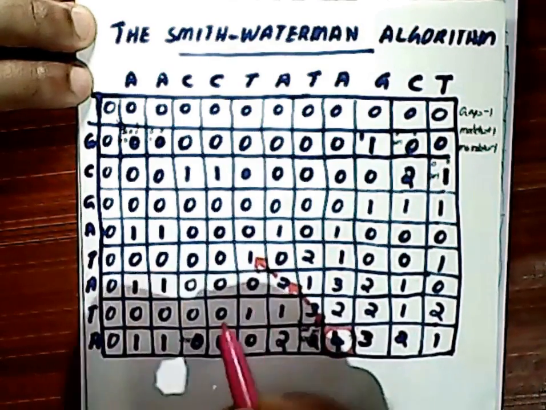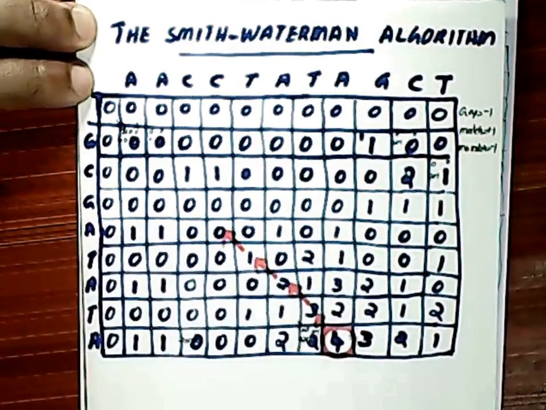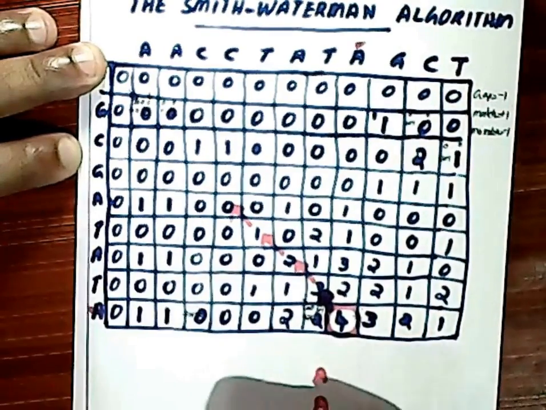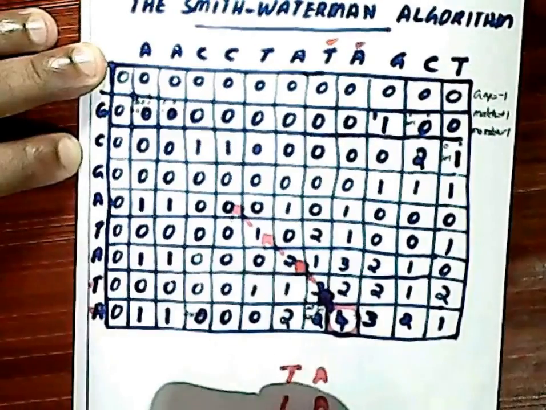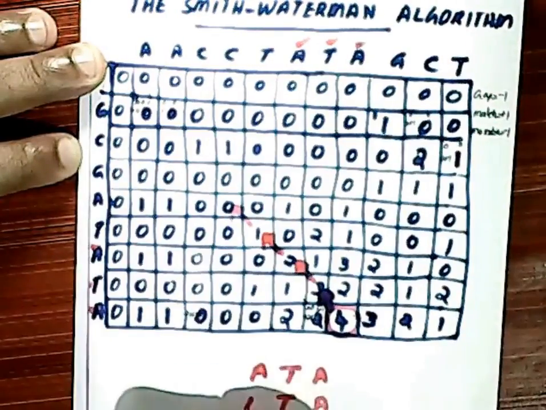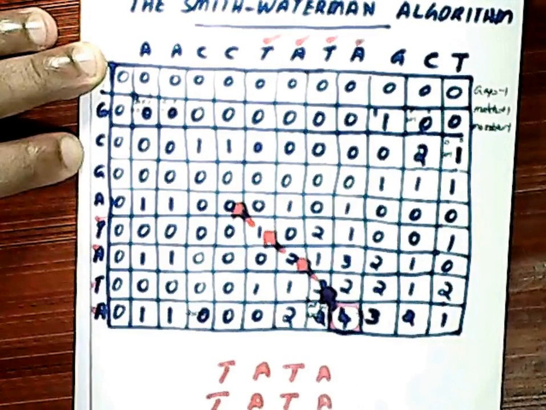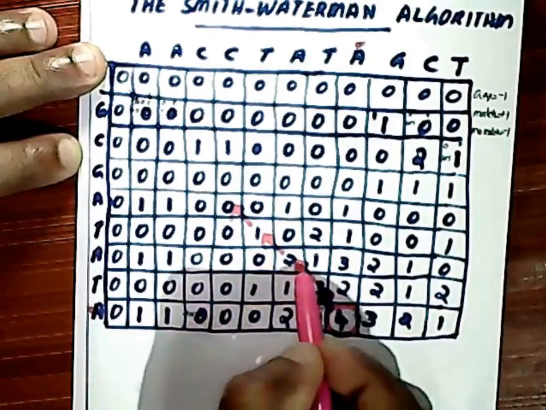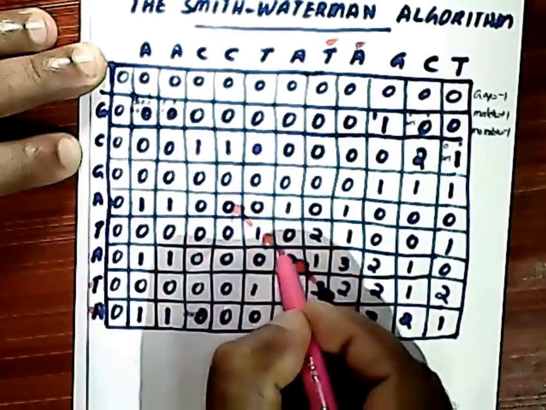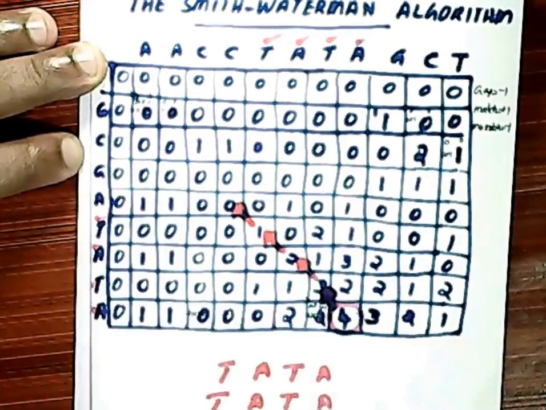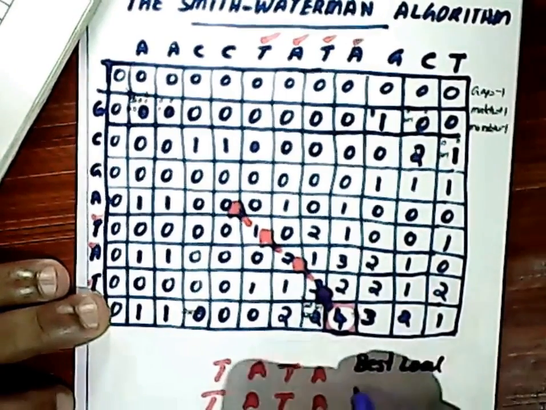Starting with this position and working backward until we reach a value of 0, we obtain the alignment. We choose the alignment sequence based on the diagonal arrows, as we discussed in the Needleman-Wunsch algorithm. Here the best local alignment sequences are TA, TA, and the best local alignment score is 4.